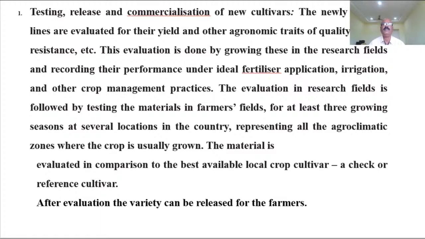The cultivation in research fields is followed by testing the materials in farmers' fields for at least 3 growing seasons at several locations in the country, representing all the agroclimatic zones where the crop is usually grown. The material is evaluated in comparison to the best available local crop cultivar, a check or reference cultivar. After evaluation, the variety can be released for the farmers.